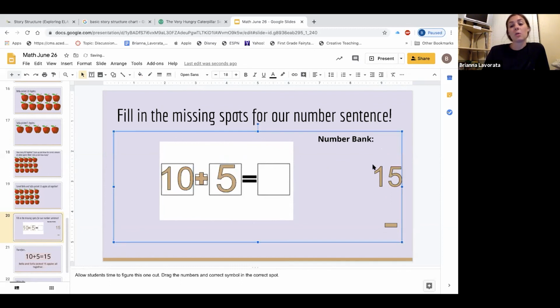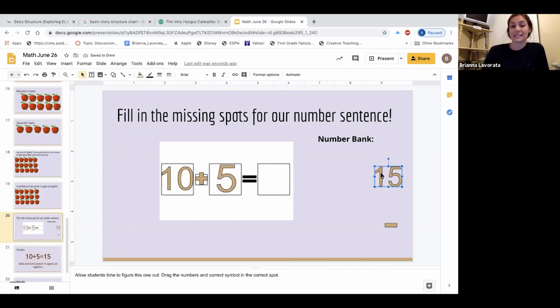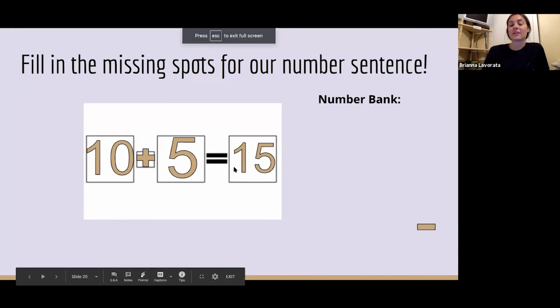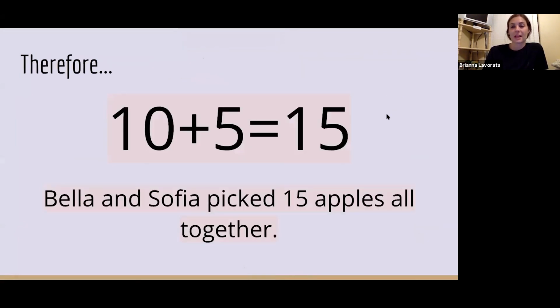And we know after adding 10 and 5 together, we got 15. So we're going to put that here. So this reads 10 plus 5 equals 15. So therefore, my number sentence says, Bella and Sophia picked 15 apples all together.